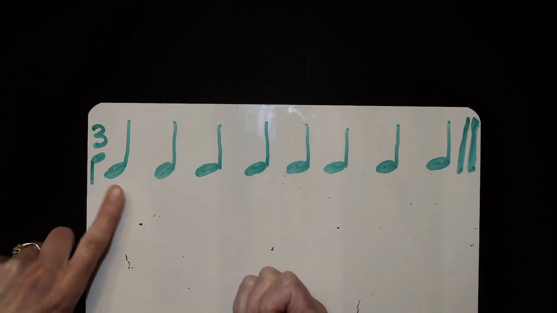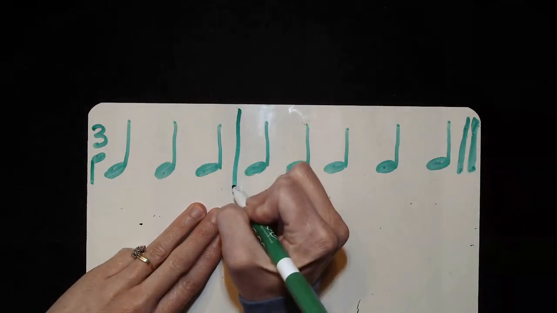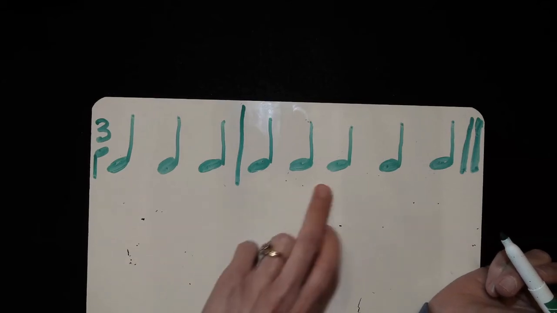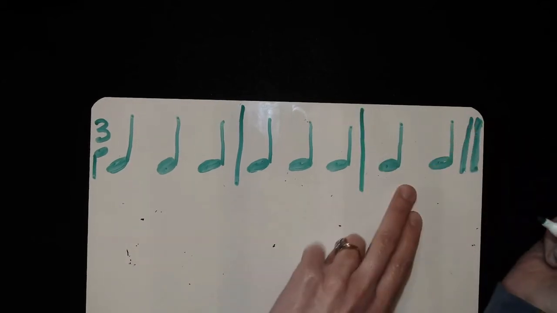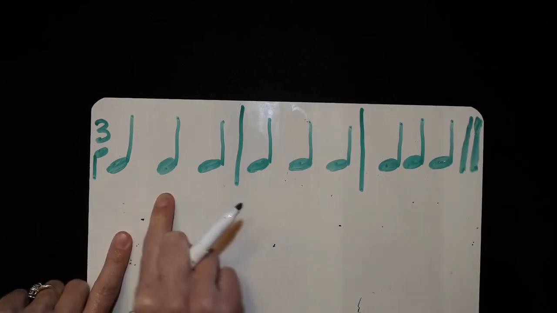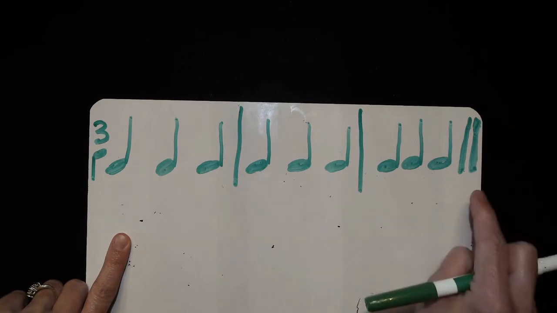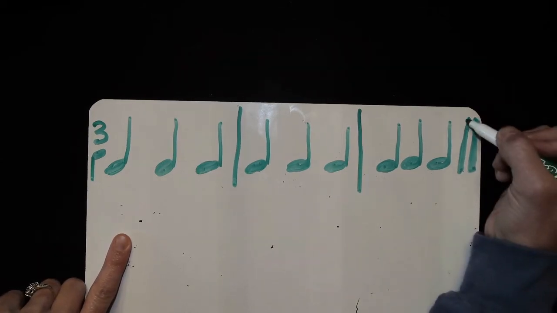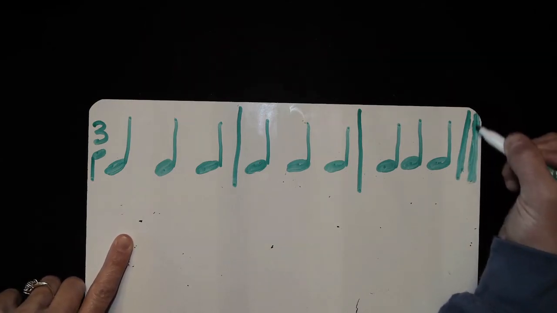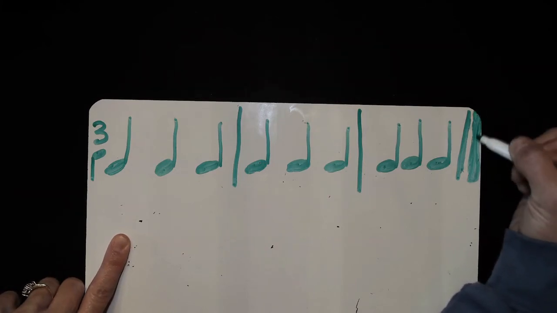So we're gonna go ta, ta, ta, and then we get a bar line. Let's do another one. Ta, ta, ta. Oh, we need 3. So we'll put another beat in there. Ta, ta, ta, ta, ta, ta, ta, ta, ta. And then we have our double bar line, which means the end. The end. And usually the second line of the double bar line is a little bit thicker of a line.